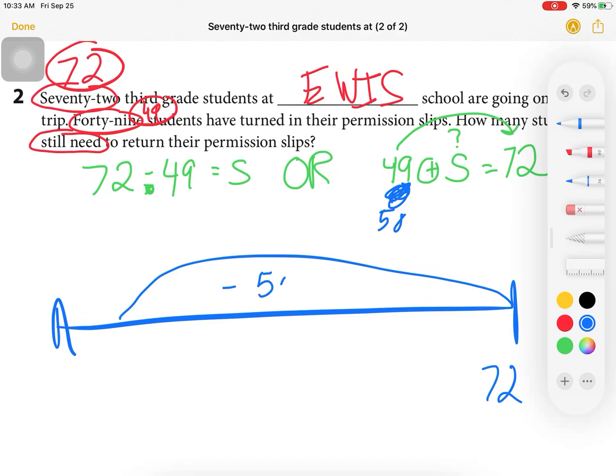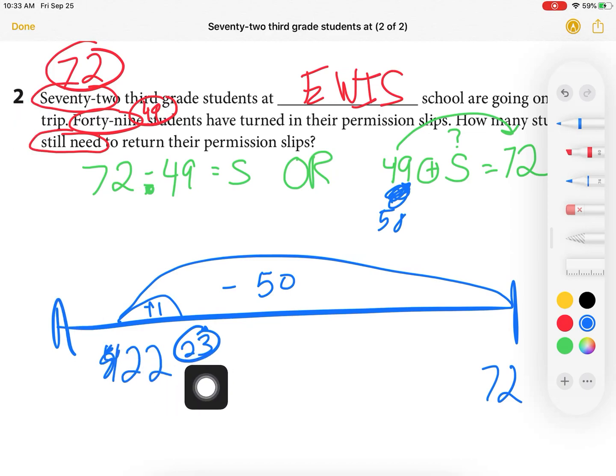I could take away 50 right away, and that's going to give me to 40. Wait, oops, sorry, 22. Okay. If I take away 22, then all I have to do is add 1 more, and that's going to get me to my answer of 23. Did I say the answer was 22 earlier? Okay, sorry about that. That was 23. So 23 is going to be where we're at because it's 1 away from that 50 of 49.